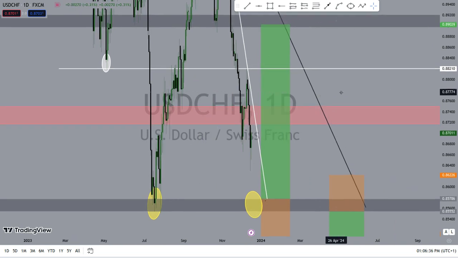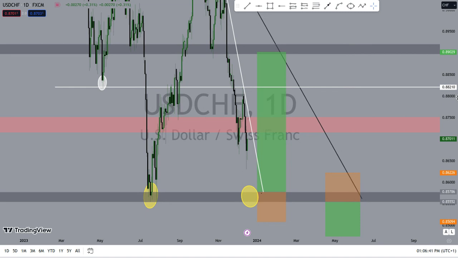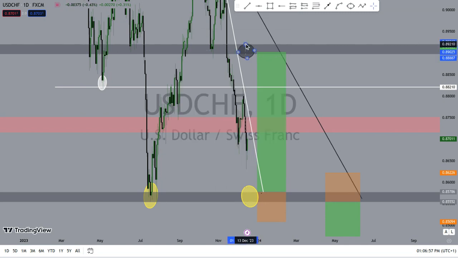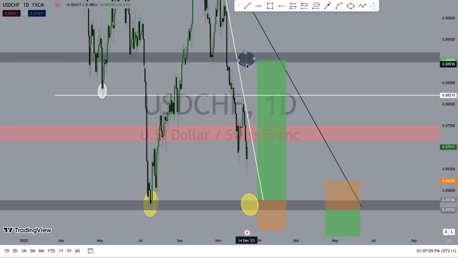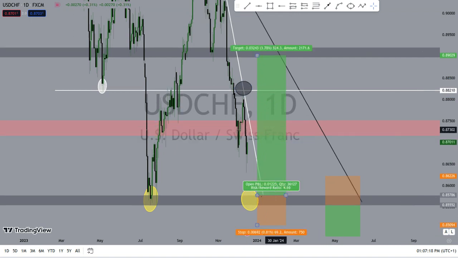Let's go ahead and delete this. Okay, on USD CHF, as we analyzed last week, I was expecting price to come and give us a retest right about this region, but price never got to that level; rather it came and rejected around here, and then continued further to the downside.